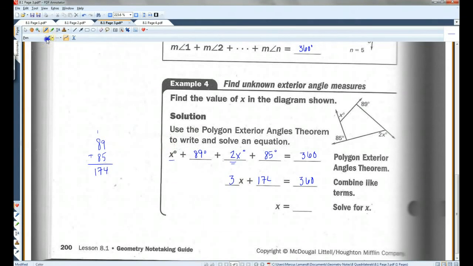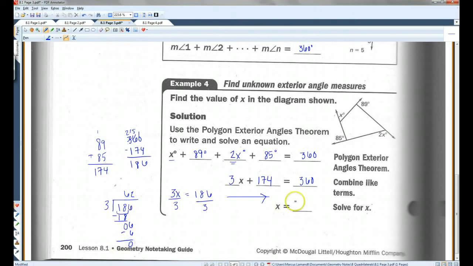And now I'm going to subtract, which gives 186. They actually kind of skipped a step in here. You have 3x equals 186. Divide both sides by 3. 3 goes into 18 6 times. 3 goes into 6 twice. So x equals 62. Alright, let's go on to the last page.